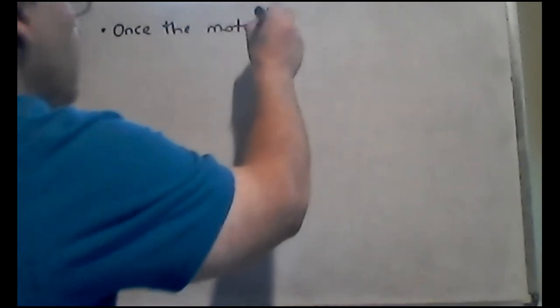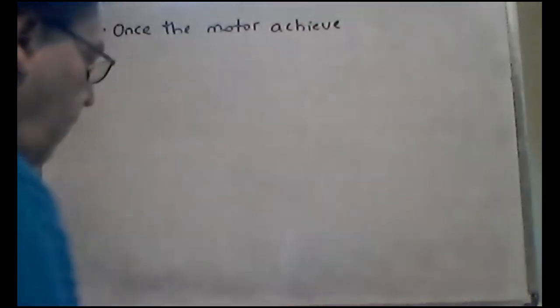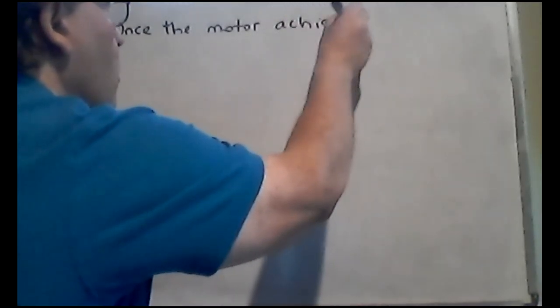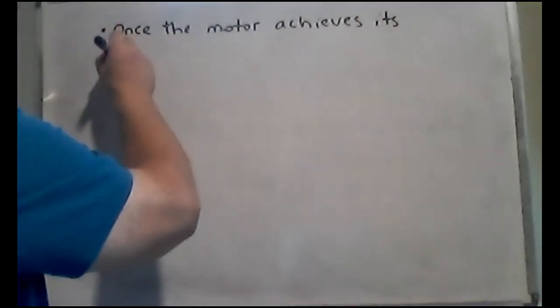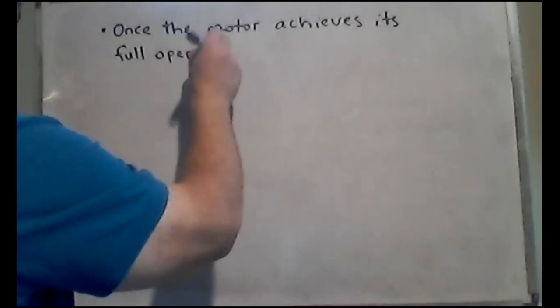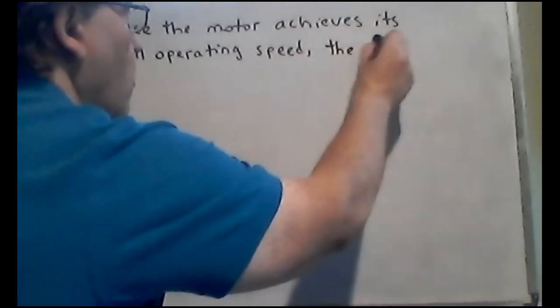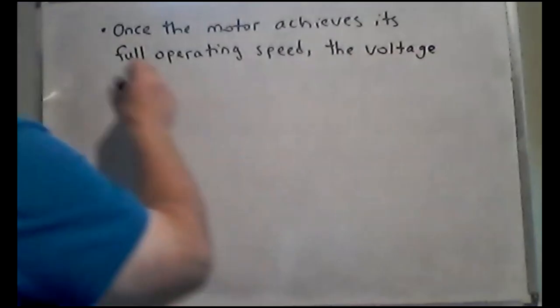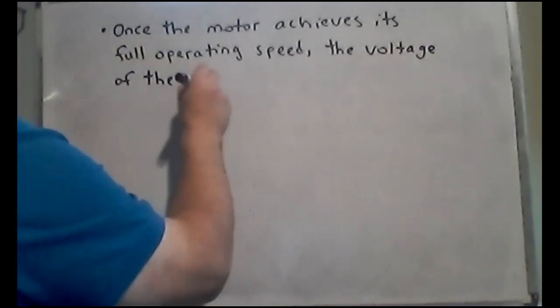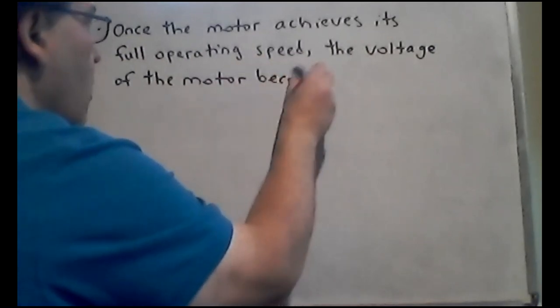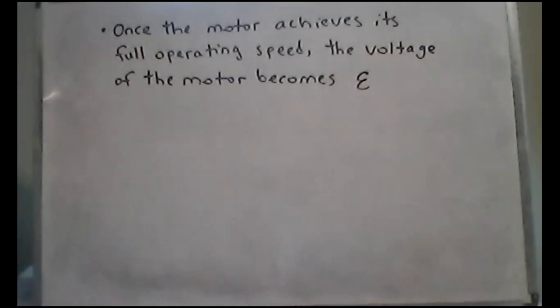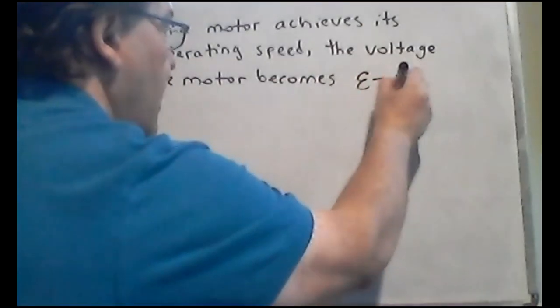So once the motor achieves its full operating speed, the voltage of the motor becomes the EMF of the motor itself minus the back EMF.